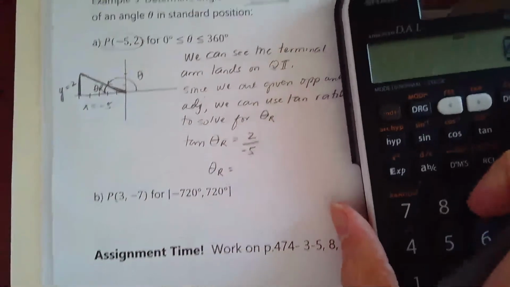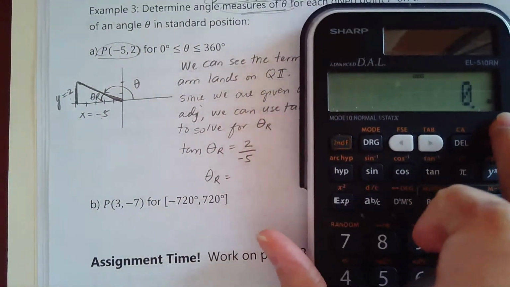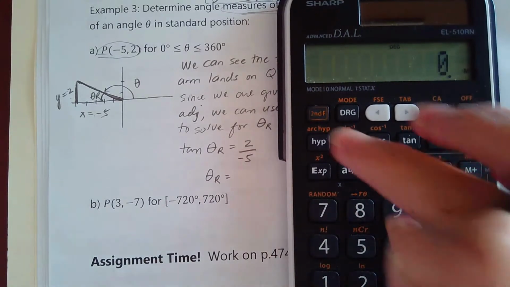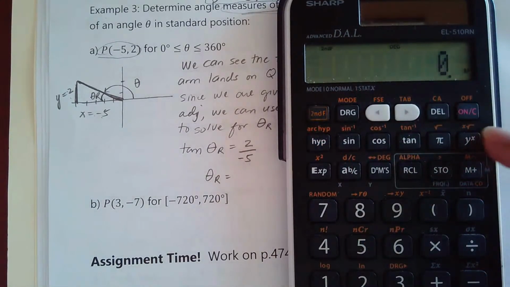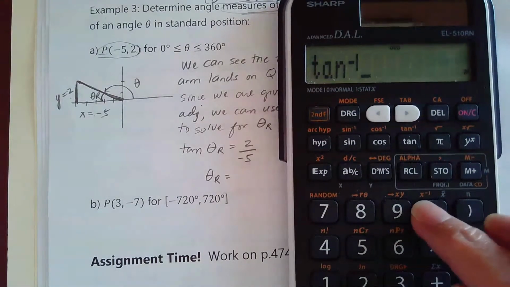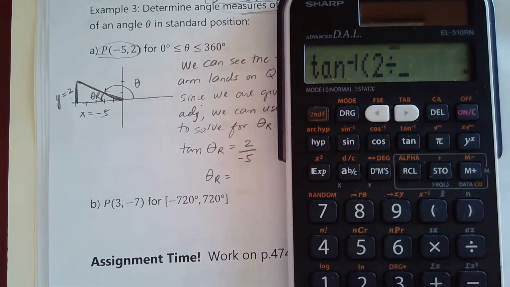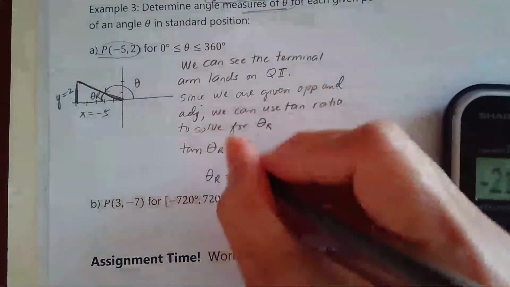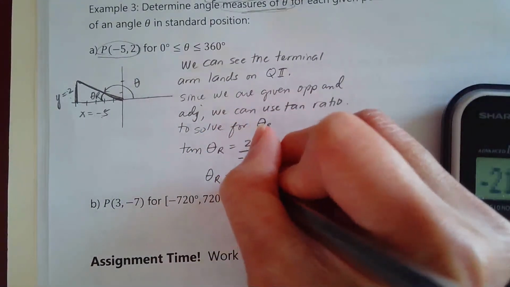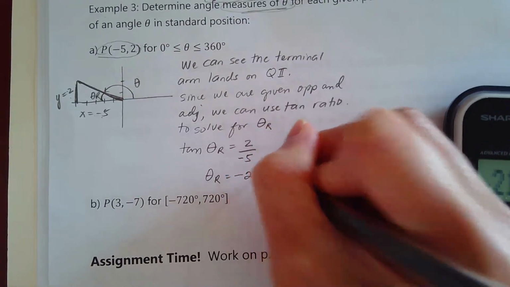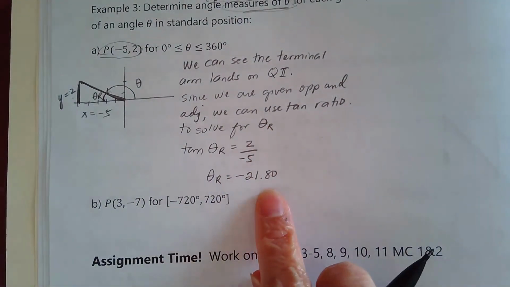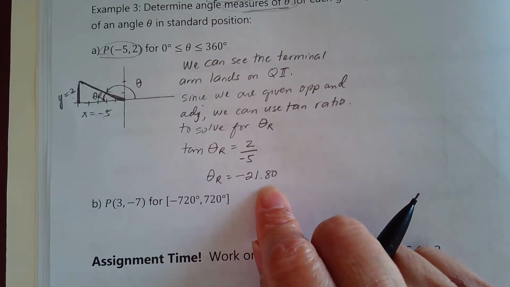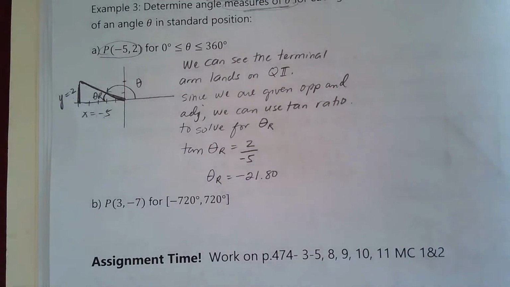Now your calculator is going to give us something really weird. Okay, so let's see here. Tan inverse of 2 divided by -5. It's going to tell us -21.80. Your calculator actually doesn't know which quadrant we're looking at.